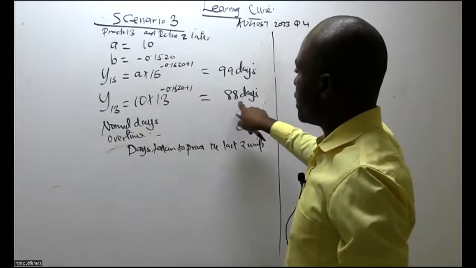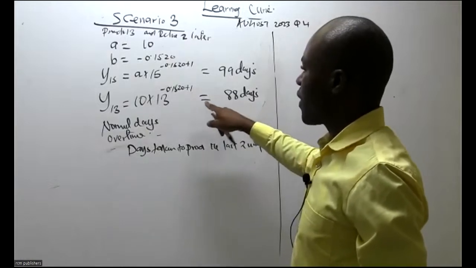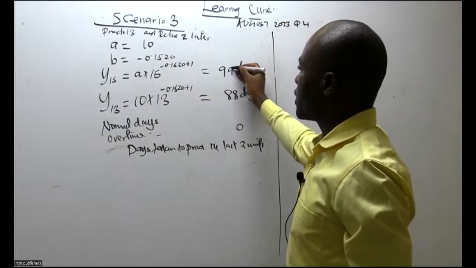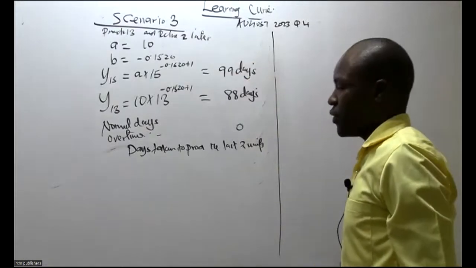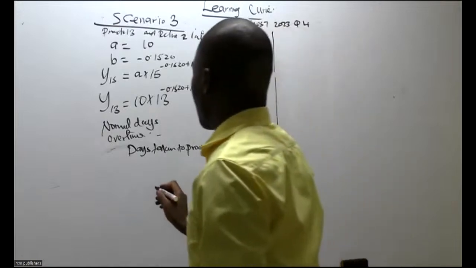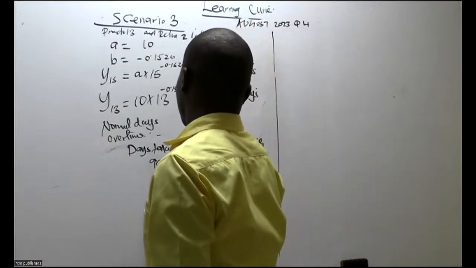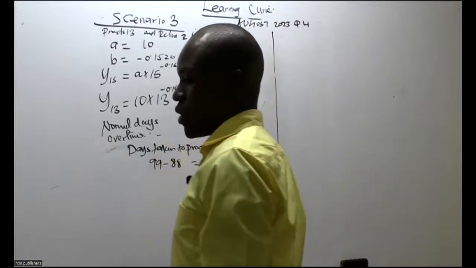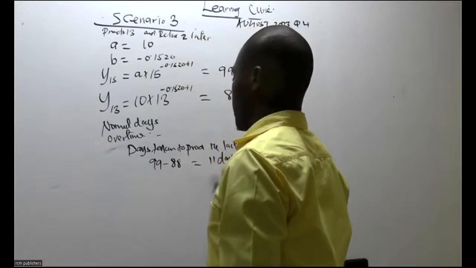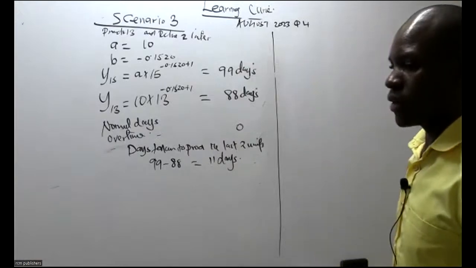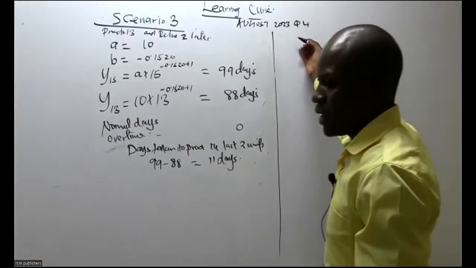They took 88 days to produce 13 units. The difference will be the time taken to produce the last 2 units. So how many days are those? Tutakuwa na ngapi? 11 days. Let's now go to the summary table here.